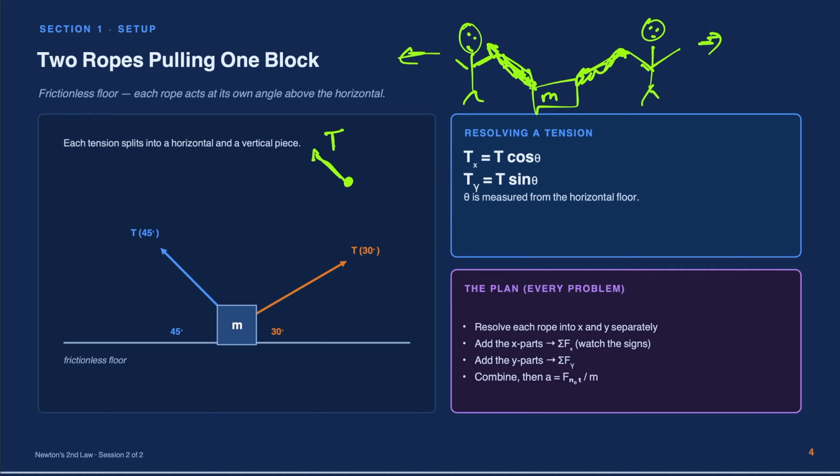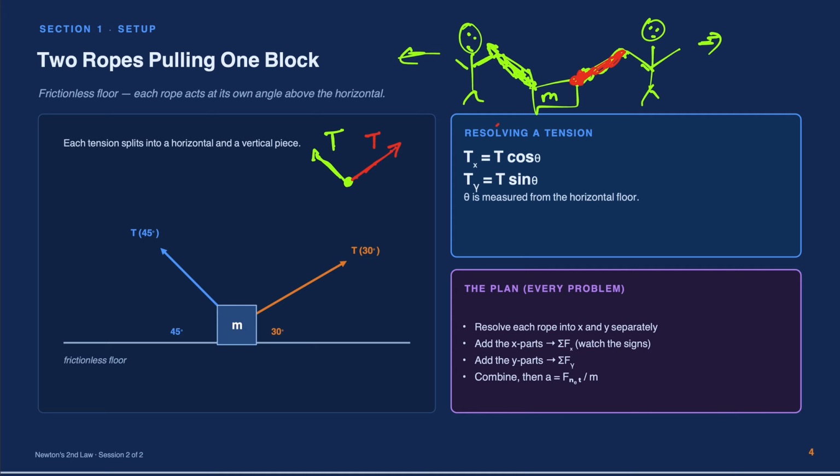Now if I draw my friend's rope in red, then we also have another tension here, because he's also using tension. He's also using the rope, which is also compacting with the mass and trying to pull it. He uses applied force, but the tension force is what actually pulls the block. So this one here would be tension as well.